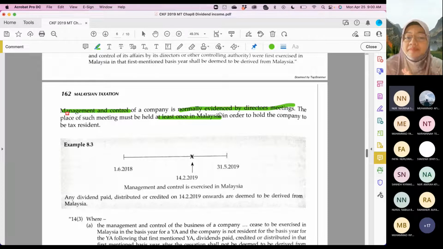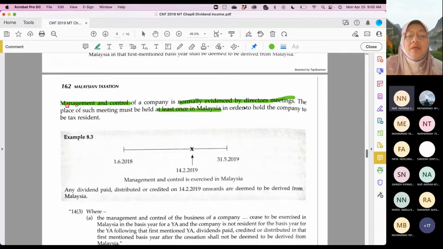Is that clear? Once a company is a resident company, based on the management and control being in Malaysia, then the company is a resident company. So how do you see the management and control? Normally they look at whether the directors' meetings are held in Malaysia at least once throughout the year.